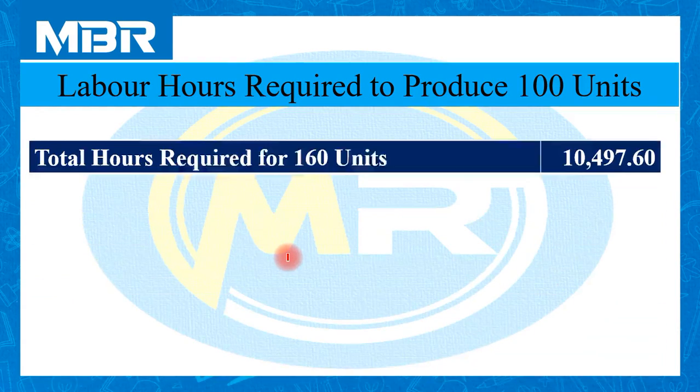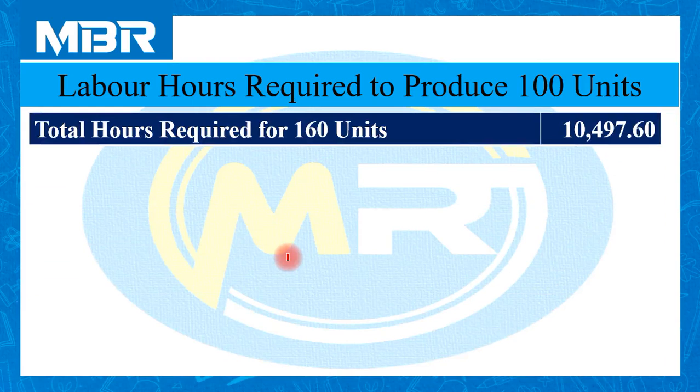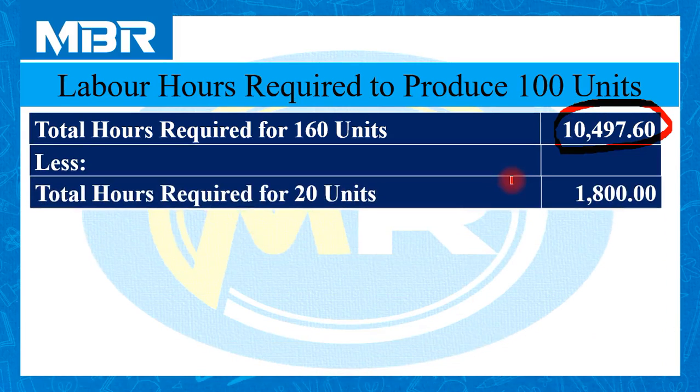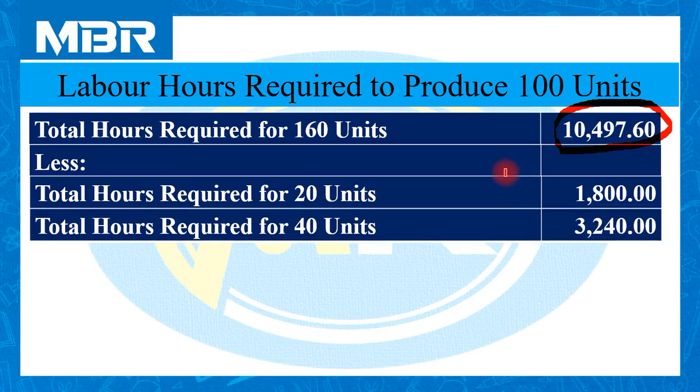In this situation, we have to calculate total hours required for 160 units. We have this information. For the manufacturing of 160 units, 10,497.6 hours are required. Now, out of these 160 units, deduct time required to produce 20 units and time required to produce 40 units.